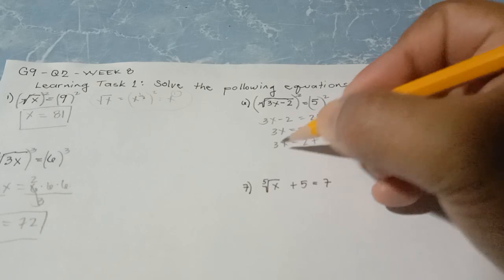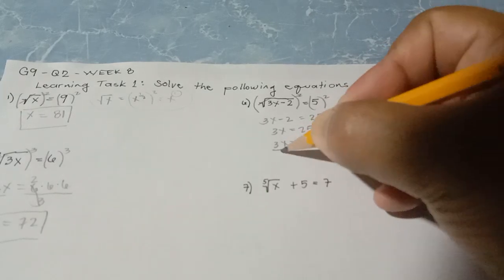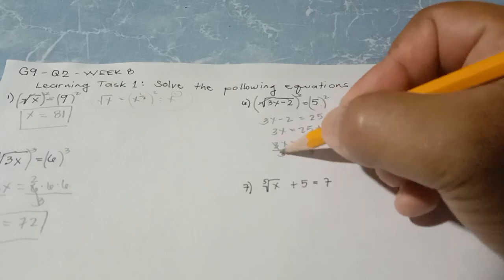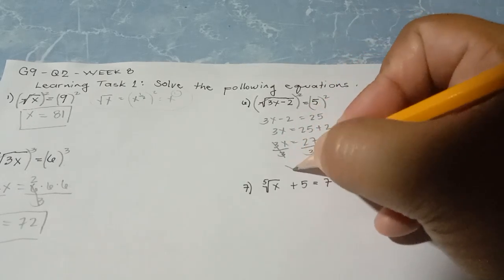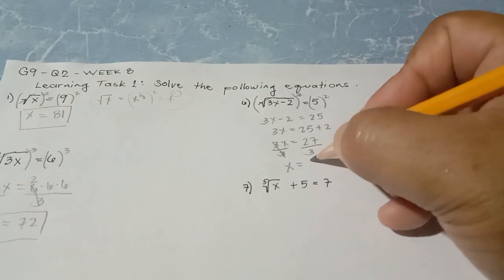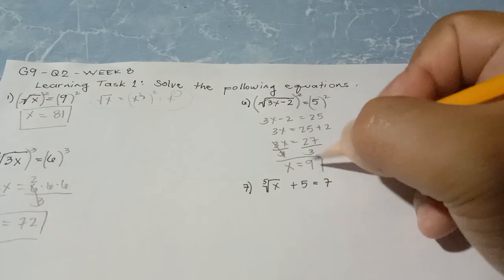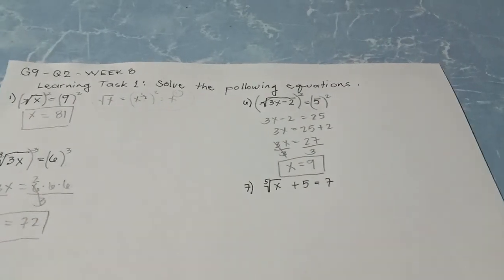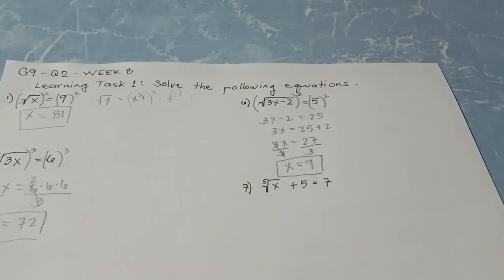Para matanggal ang 3, divide ko both sides by 3. 3 divided by 3 is 1. So, cancel lang. Natira yung ating x. And 27 divided by 3 is 9. Okay? So, next natin, number 7.